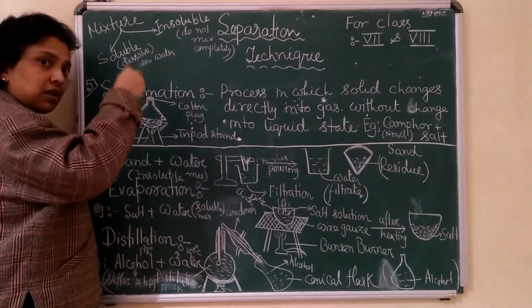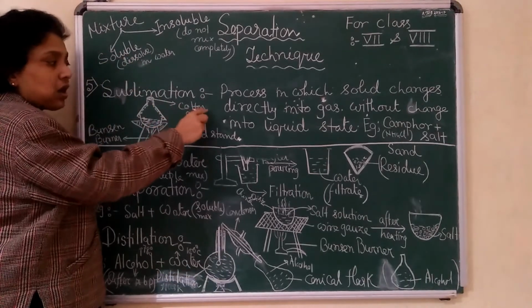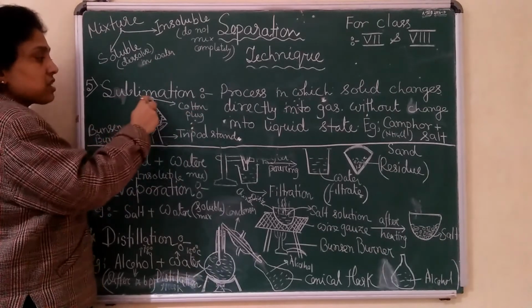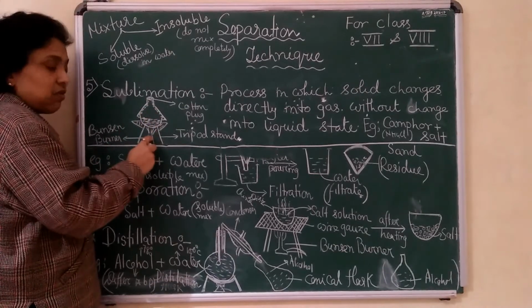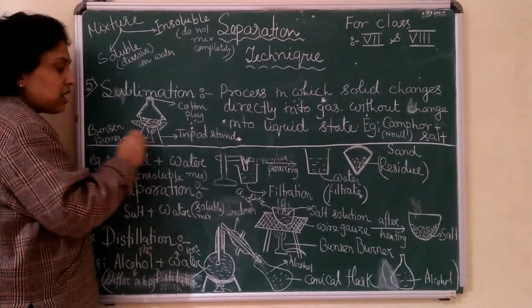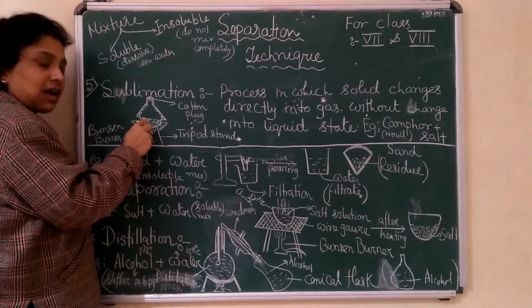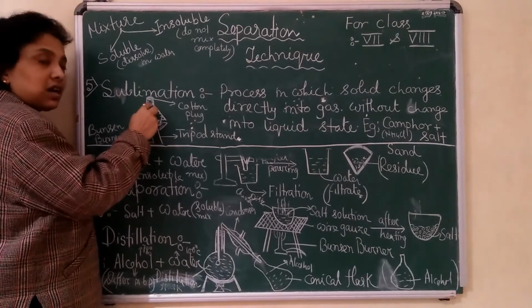It means the top of the funnel which is open is plugged with cotton. So write a cotton plug. When you heat it with the help of a Bunsen burner, this ammonium chloride or camphor will convert directly from solid to gas.